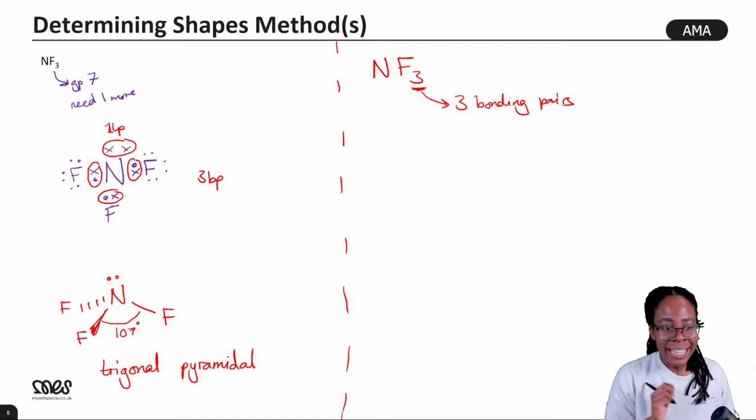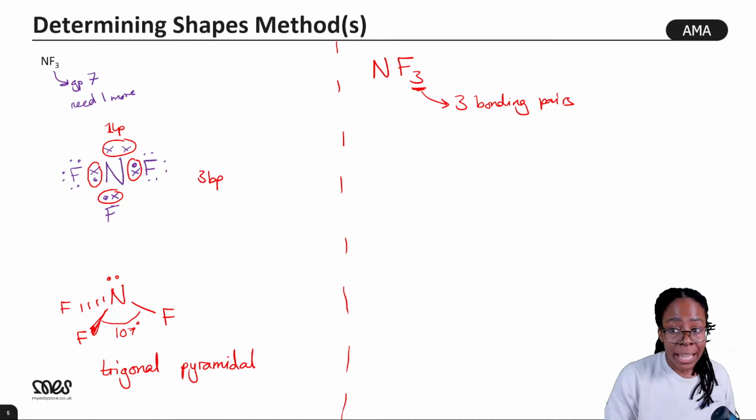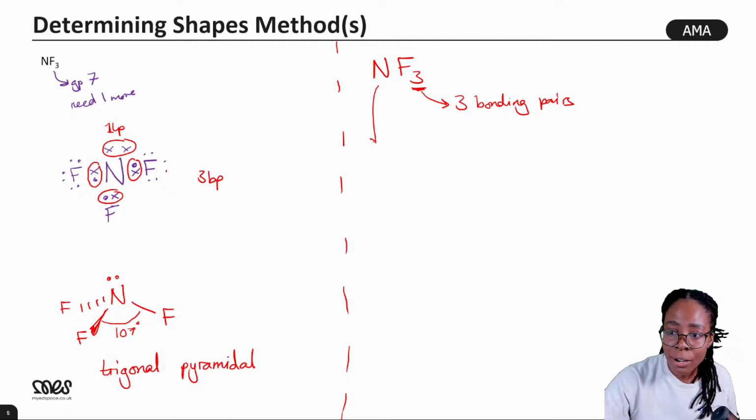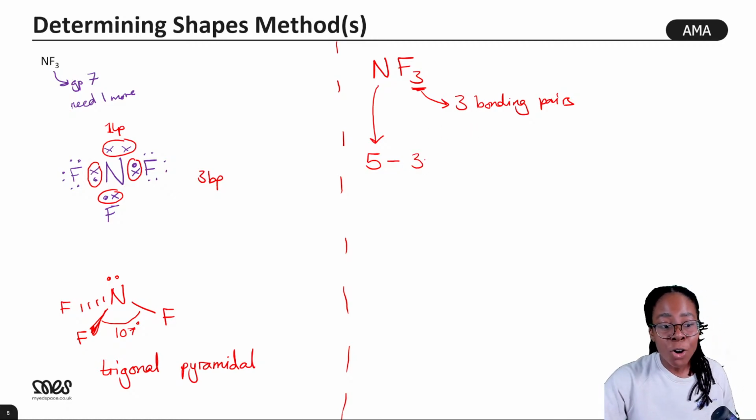Now we need to figure out how many lone pairs there are. The way that we can do that is we look at how many electrons are around nitrogen's outer shell. So that is 5. And then we subtract the number of bonding pairs multiplied by how many more electrons that atom needed.